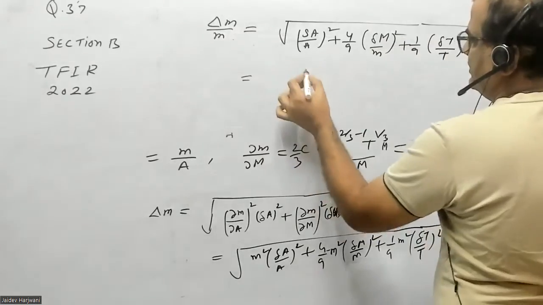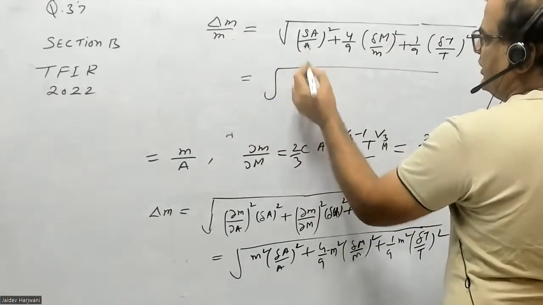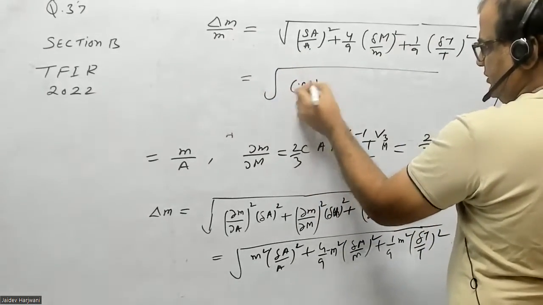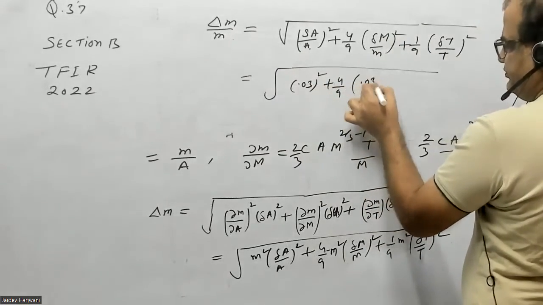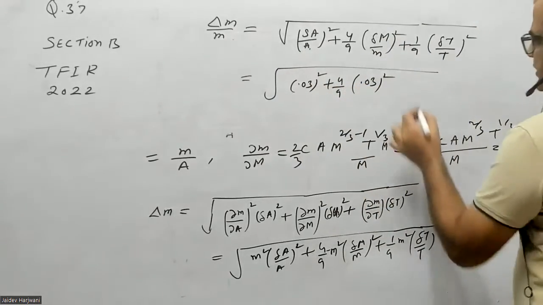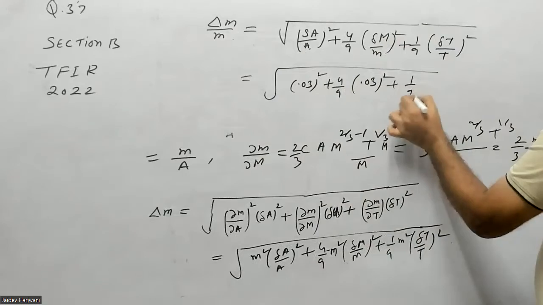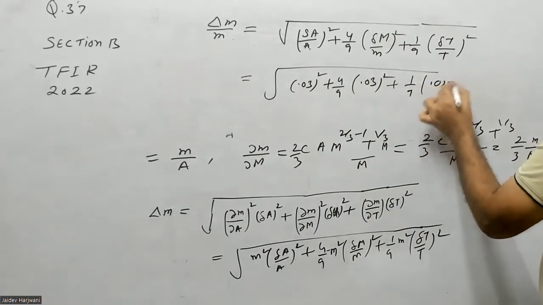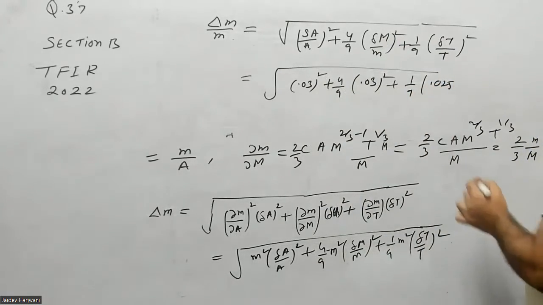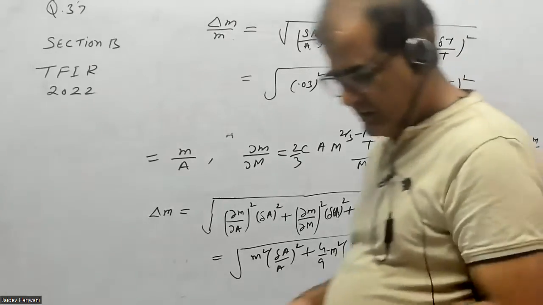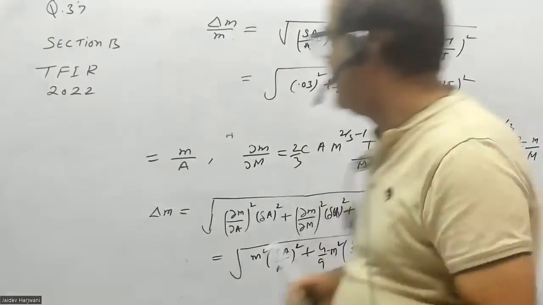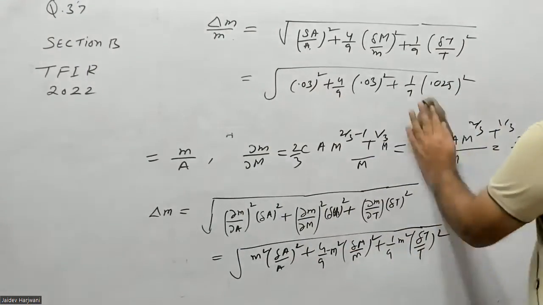Now we have been given delta A by A as 0.03, that is 3%, delta M by M is also 3%, and delta T by T is 0.025, so 2.5%. Now you can calculate the percentage error in small m.